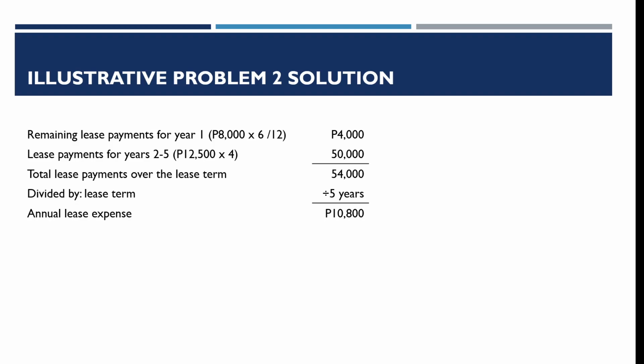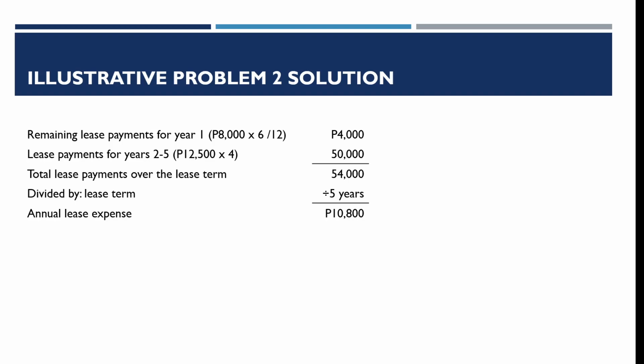Similar sa first problem, dapat makompute muna natin yung total lease payments over the lease term. Summarize lang natin. The rent for the year 1 is 8,000. Kaso, the first 6 months is rent-free. Kaya, yung last 6 months lang yung magiging lease payments natin.